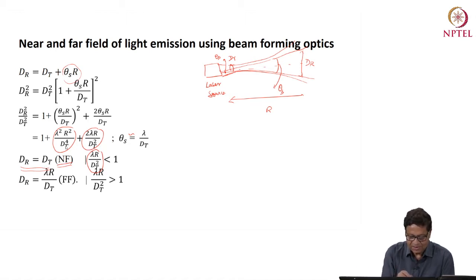And the second term is actually a square, and the third term is under root of this. So basically it will be dominated by this second term here. So this equation will be dr is equal to lambda r by dt when lambda r by dt square is greater than 1. So this is far field. So let us write here: dr is equal to dt when you have near field, and dr is equal to lambda r divided by dt when you have far field.